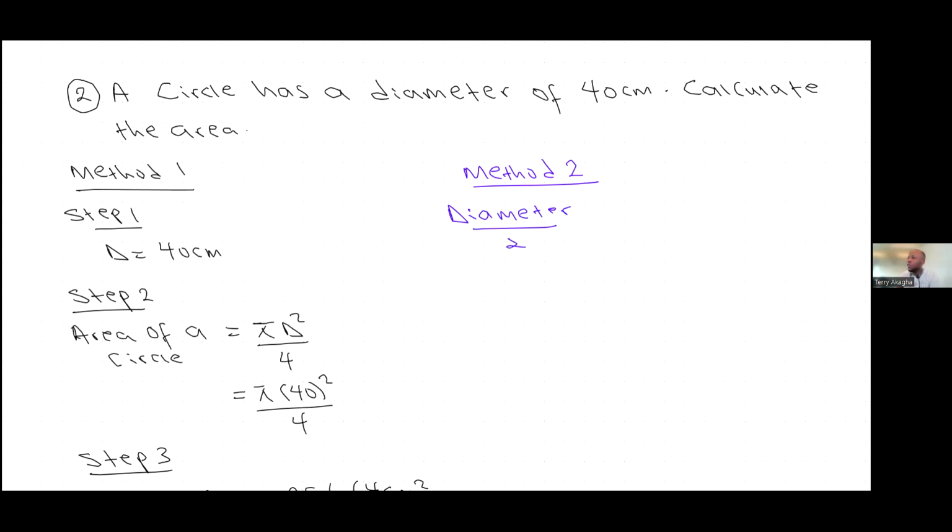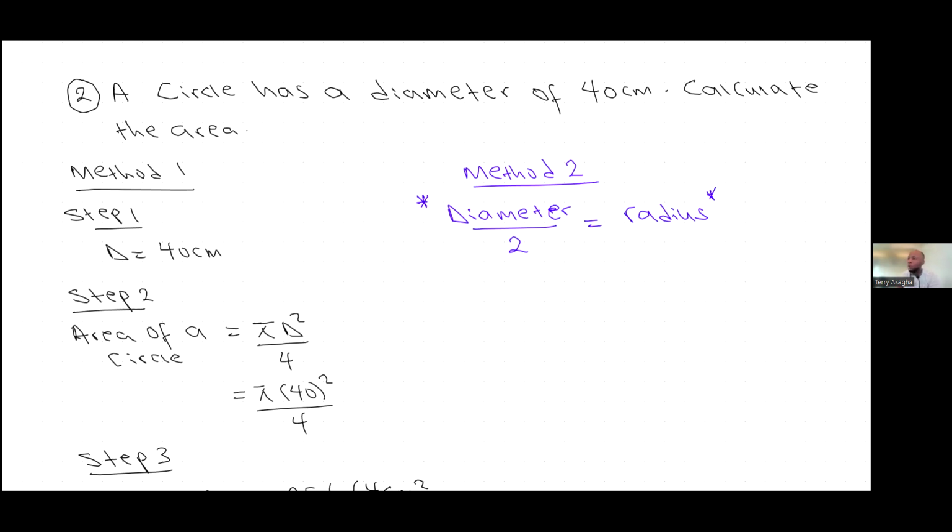So that must be your good friend. You must know this concept before you proceed using this method. If you are really stuck on using pi r squared, you need to know that the diameter is equal to twice the radius, or the radius is equal to the diameter divided by 2.